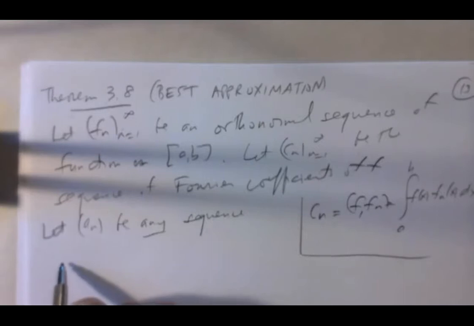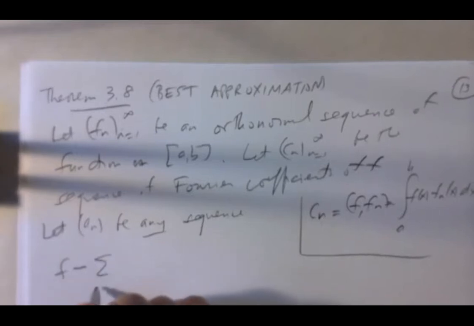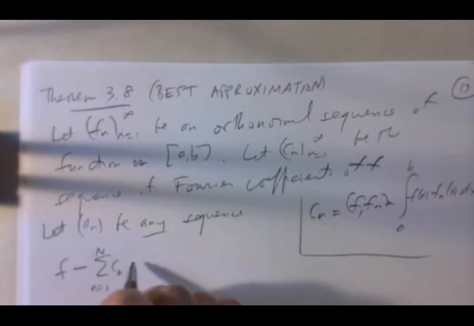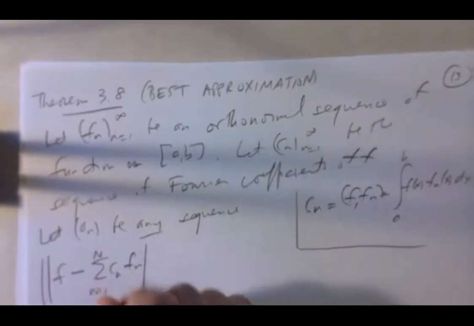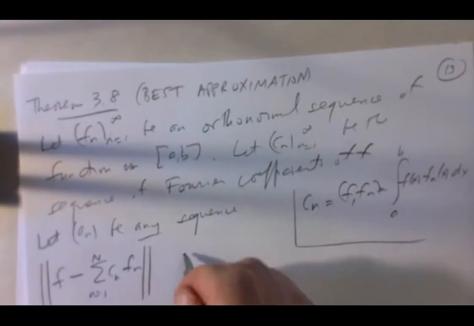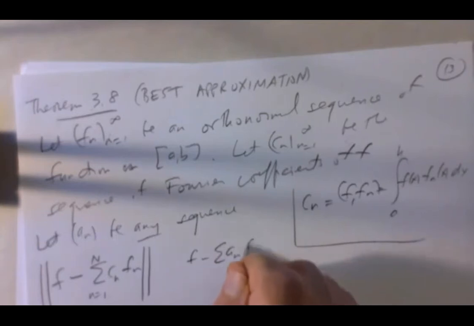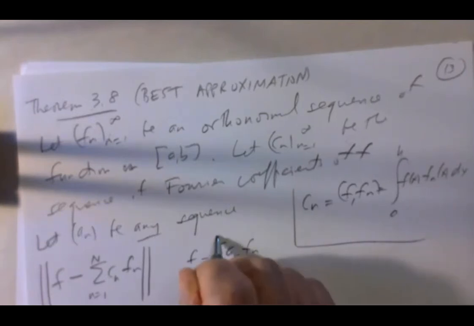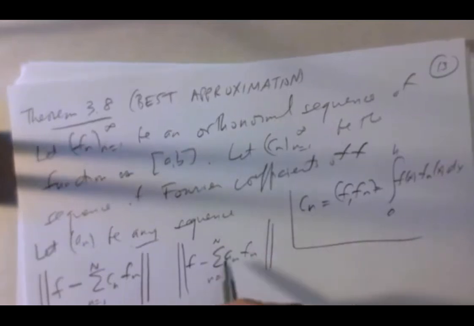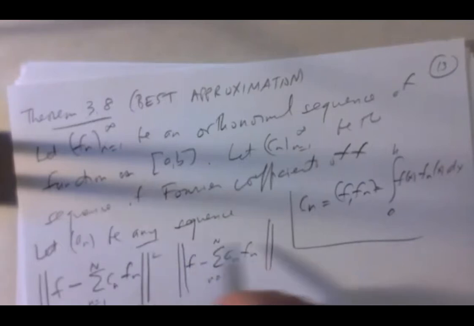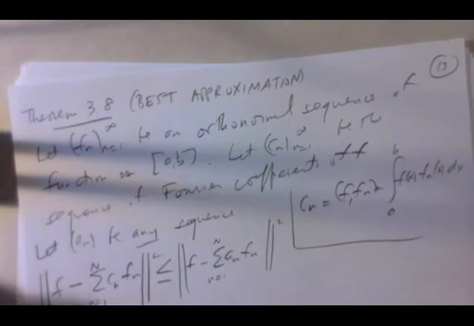So if you look at the mean squared error between f and the partial sum of the Fourier series, and if you look at the difference between f and the partial sum of any other linear combination of the functions fn, let's square it to make it easier, we have an inequality.